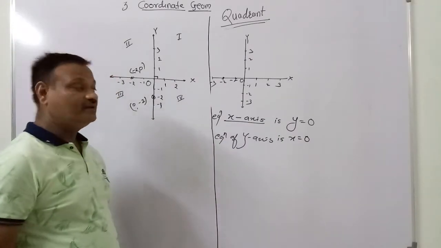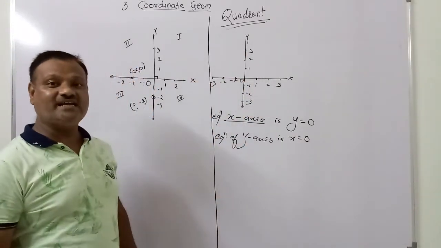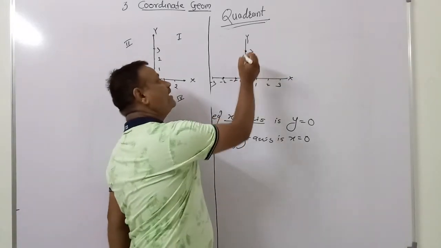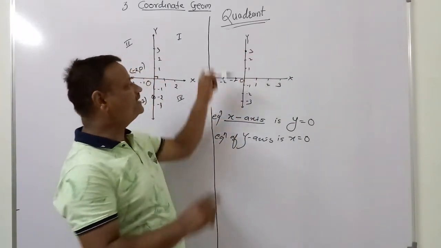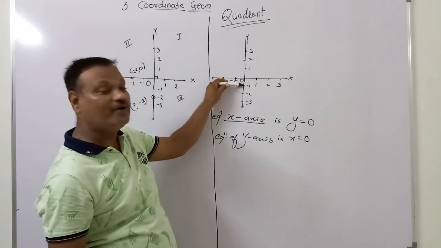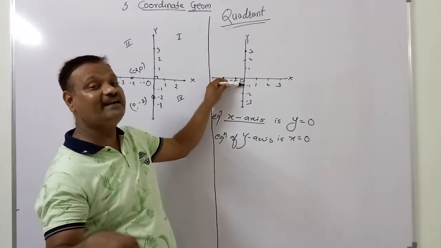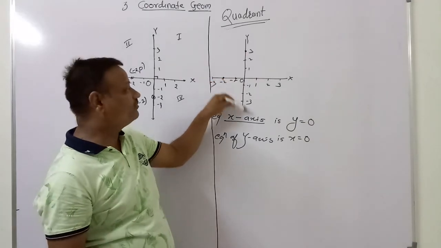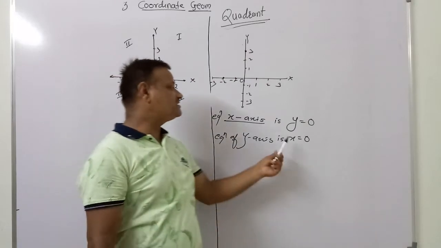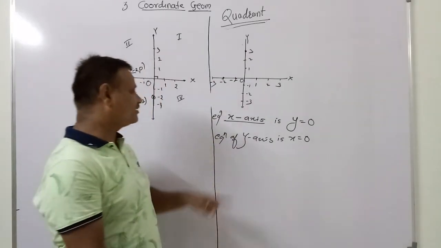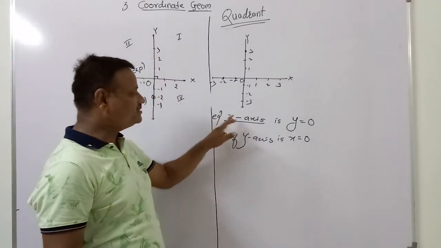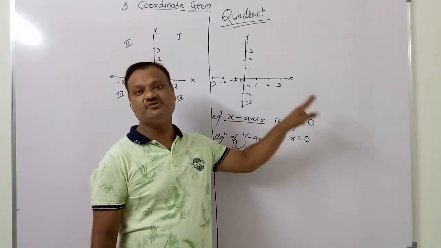Why? Because on y-axis, if I consider any point, if the point is here, its x coordinate is 0. If the point is here, its x coordinate is again 0. If the point is present here, so its x coordinate is what? 0. Therefore, every point on this number line, that is y-axis, its x coordinate is 0. Therefore, equation of y-axis is x is equals to 0 and equation of x-axis is y is equals to 0.